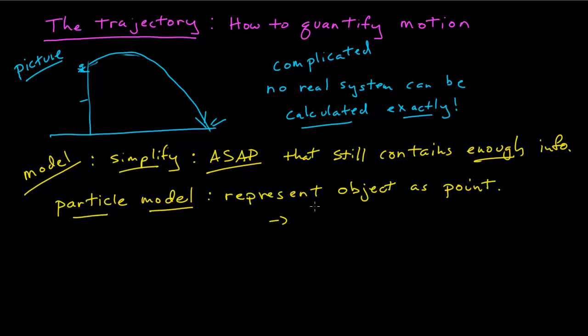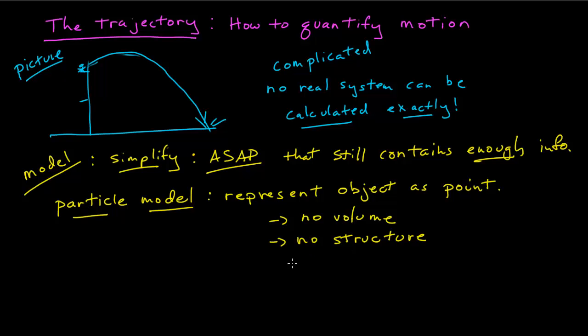And by a point, I mean it has no volume, and no structure. So I'm simplifying my problem. I'm going to completely ignore the complicated structure, the sloshing, everything else of my water balloon. I'm going to represent it as a single point.